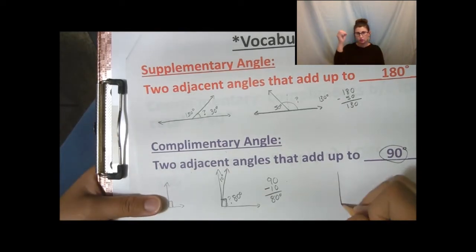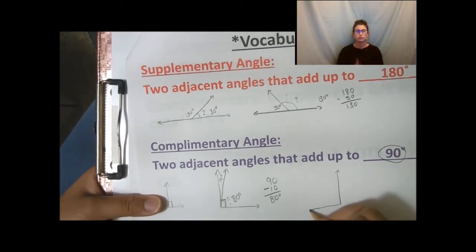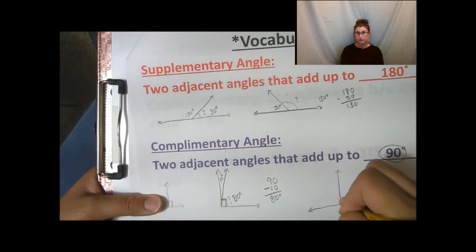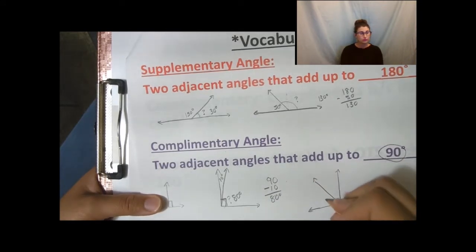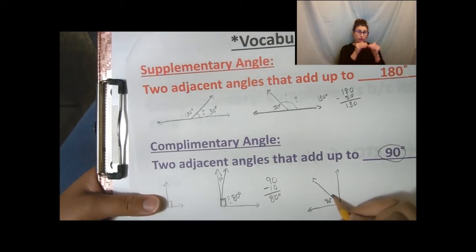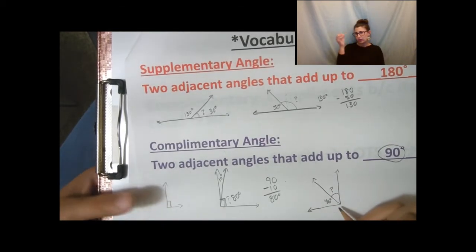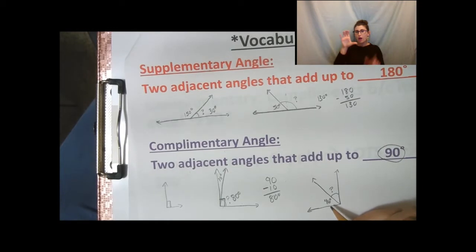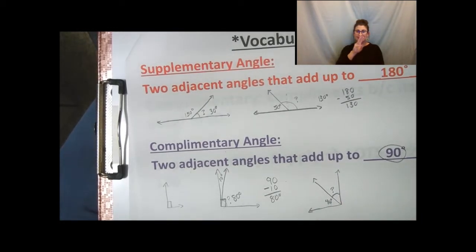Let me show you another one. If this is 46 degrees, what would the degree measurement of this one be? What would be the complement to a 46-degree angle? Go ahead and figure that out.